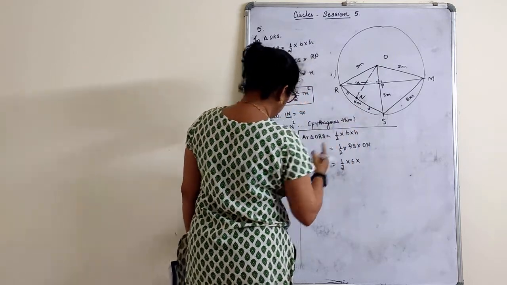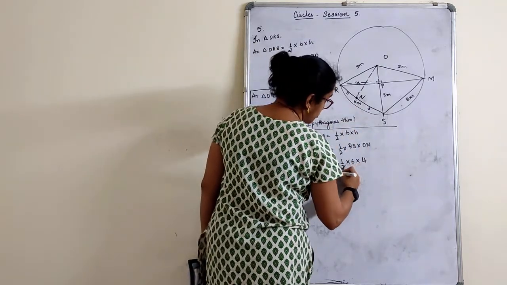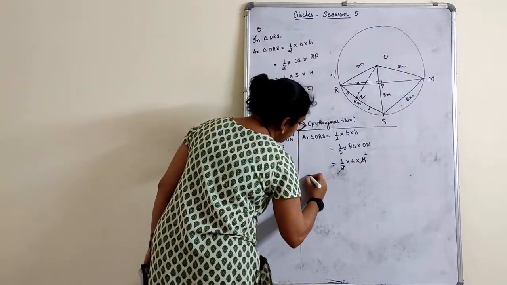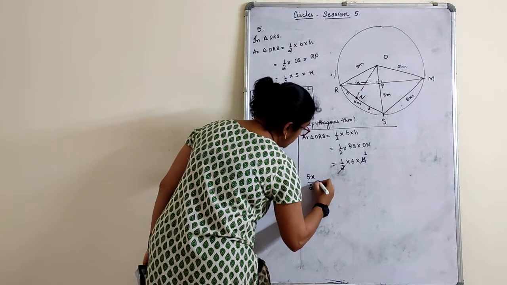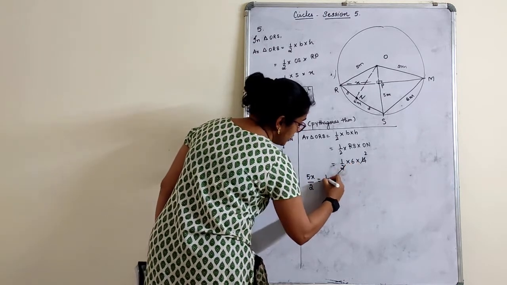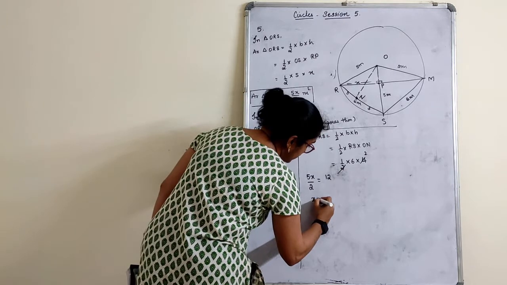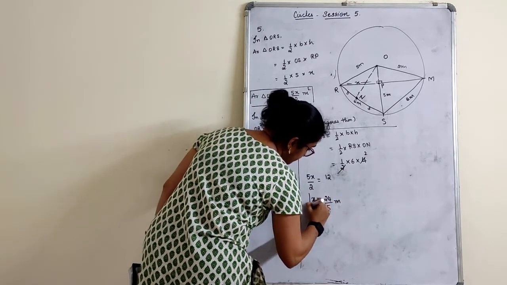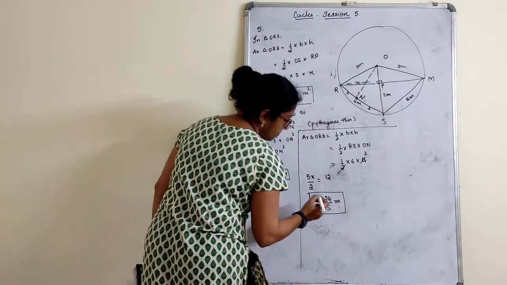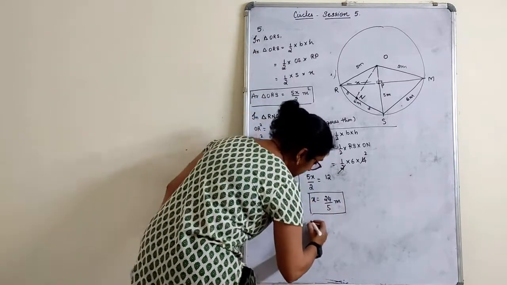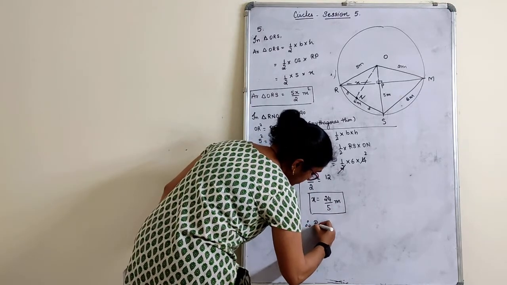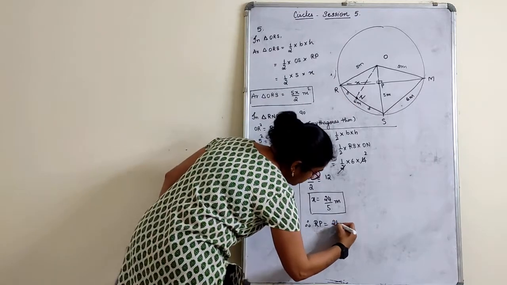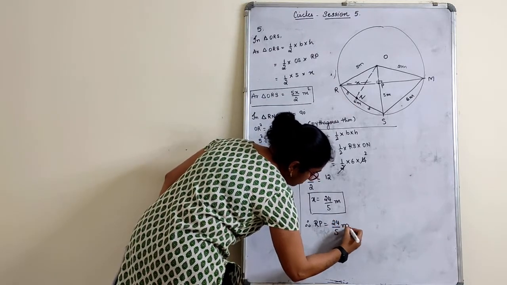ON is equal to how much? 4. 2 ones are 2, twos are 12. What is the area of triangle ORS also equal to? 5x by 2 is equal to 6 twos are 12. X is equal to 24 by 5 meter. Yes, which is nothing but, therefore RP is equal to X. 24 by 5 meter.